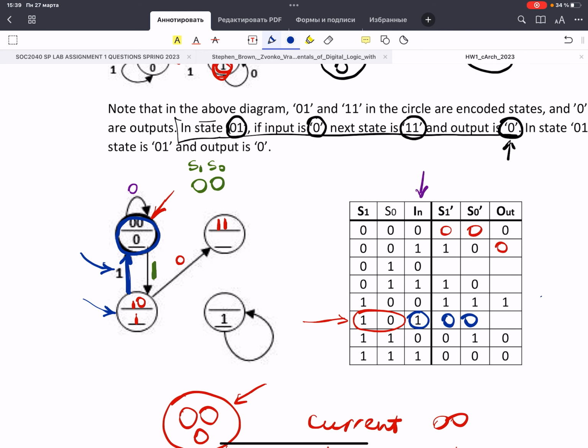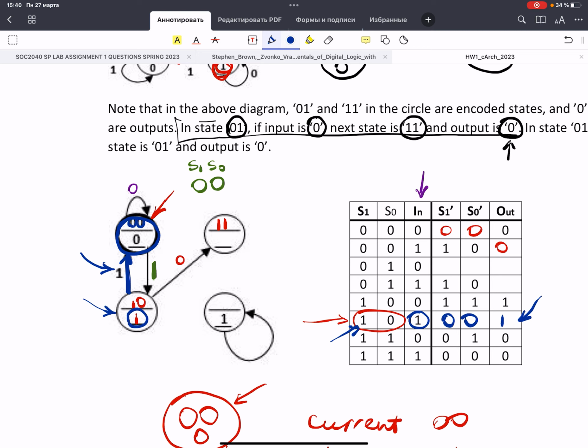And what is the output? Where do we find the output? It's always below the current state. The current state is 1, 0, and below 1, 0, this is 1. So that means the output is 1. You don't get the output from below the next state, not from below this 0, 0.